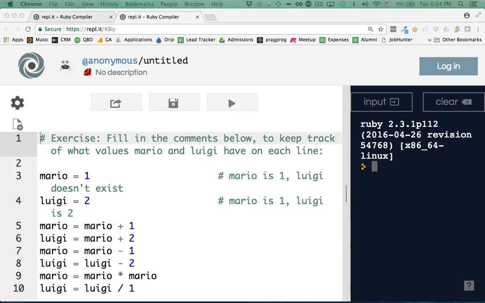Completely random names, no references to anything. So the exercise is to fill in the comments below and keep track of what values Mario and Luigi have on each line.